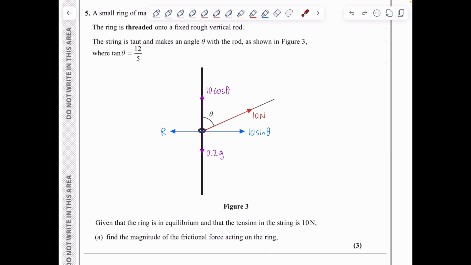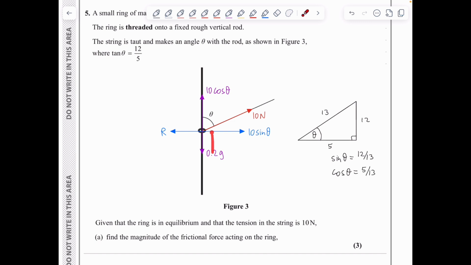So we can also proceed with tan θ being 12/5. So I'm drawing a right angle triangle. This is 12 and this is 5. So it's a 5, 12, 13 triangle. So sin θ is 12/13 and cos θ is 5/13. The only force missing is the friction.